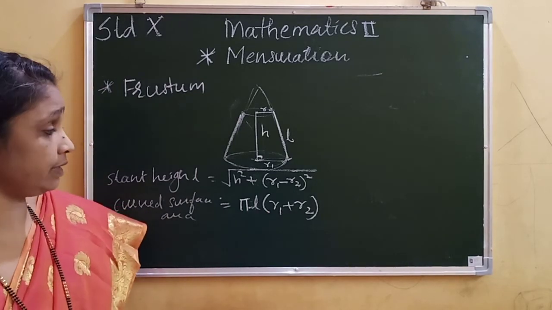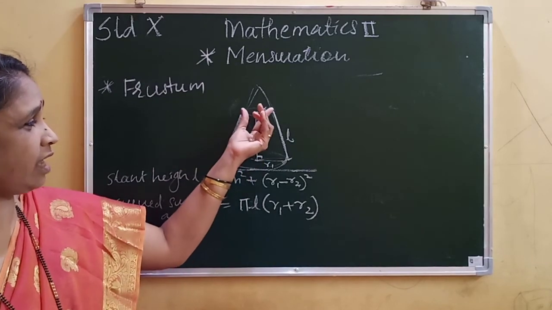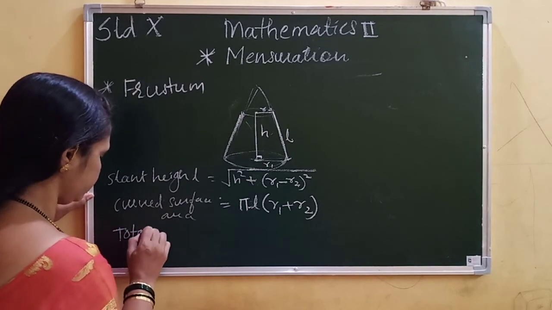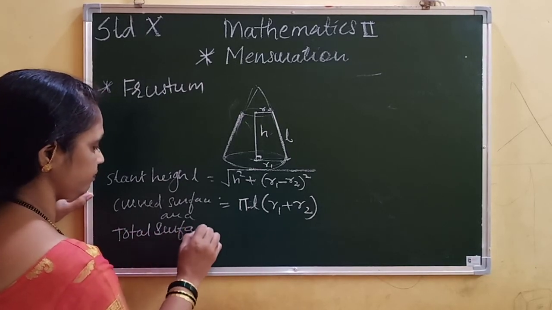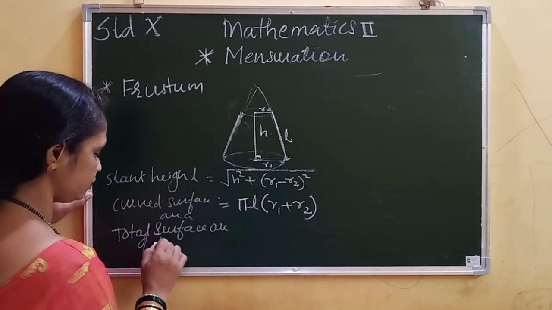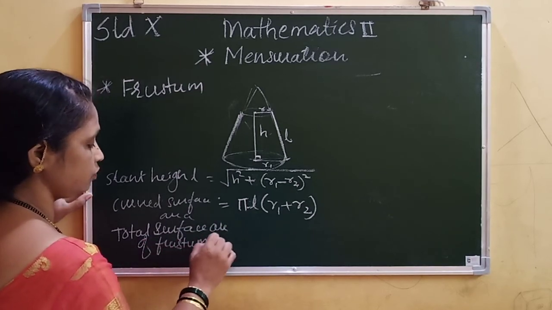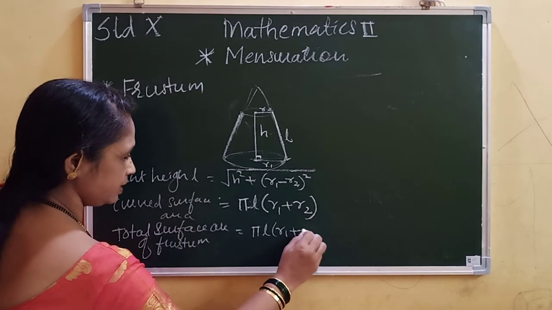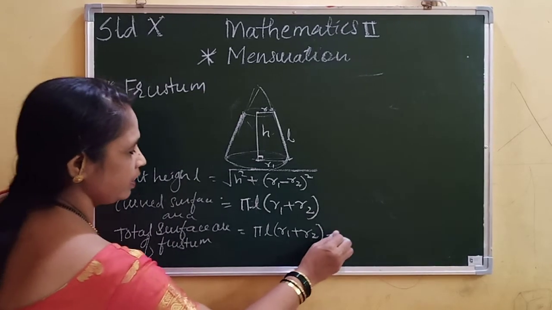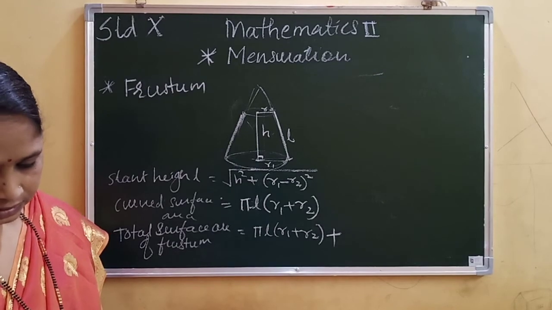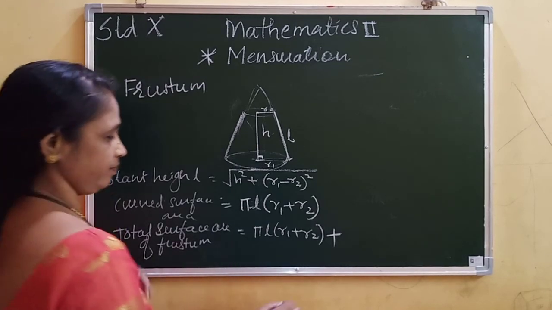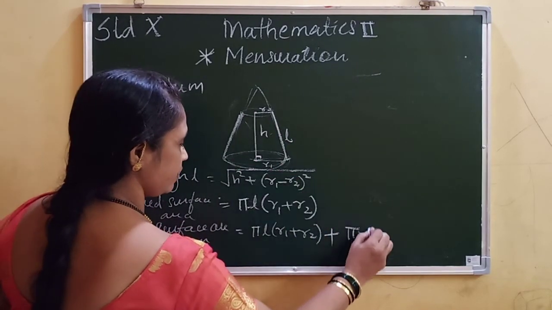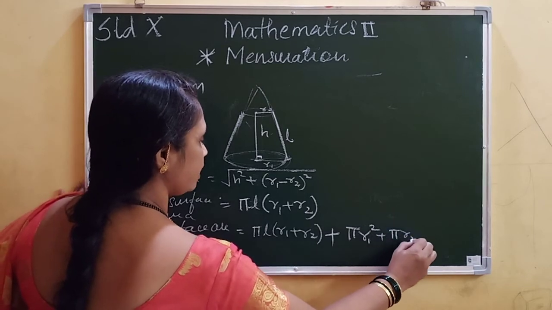Now the total surface area. Total surface area means the curved surface area and this area and this area. So the total surface area of the frustum is equal to pi L R1 plus R2, plus the area of these circles, pi R1 square plus pi R2 square.